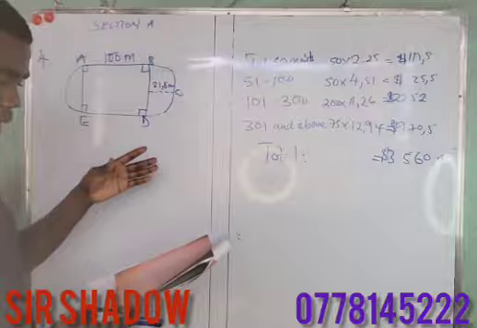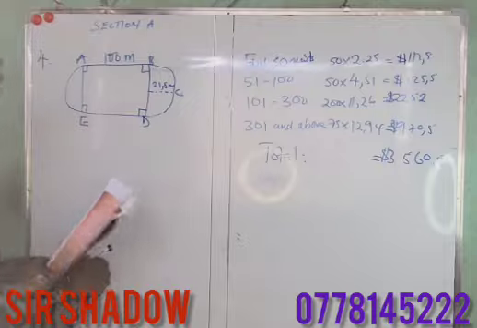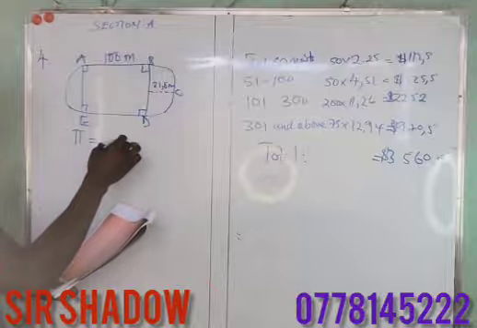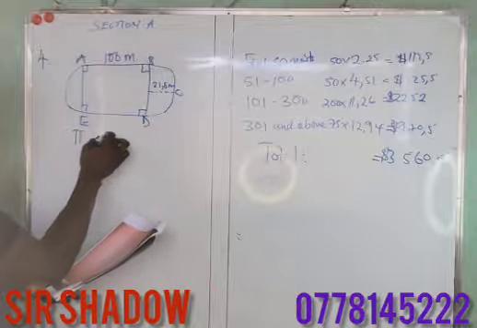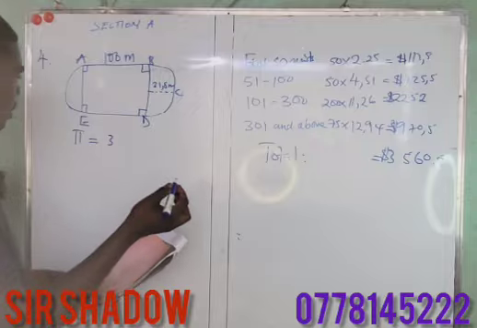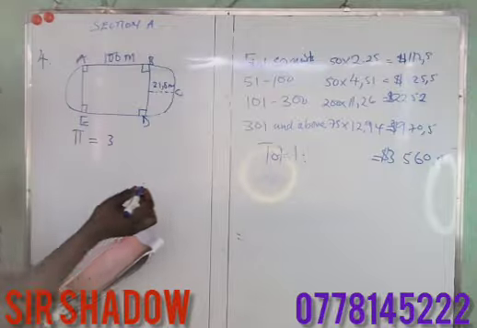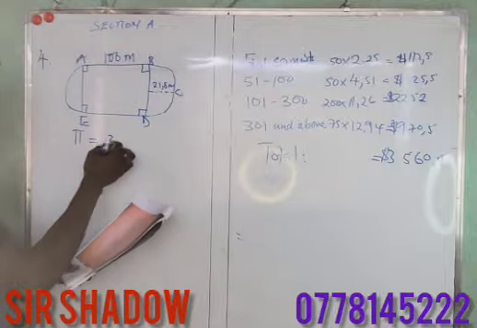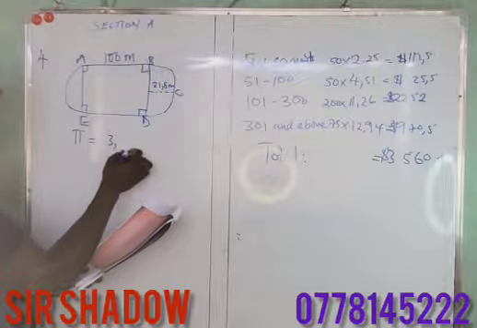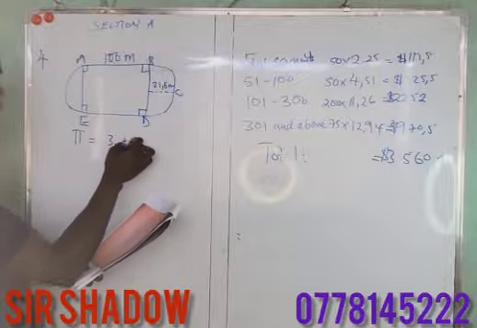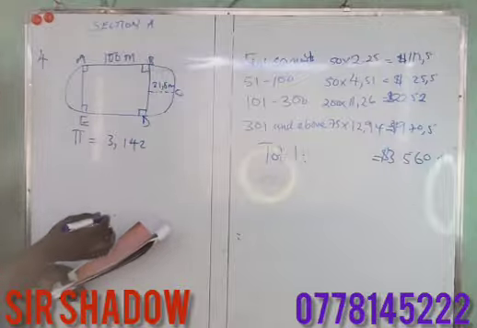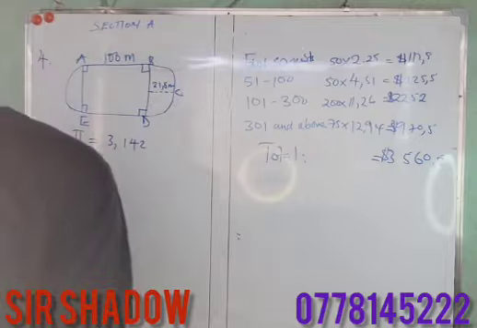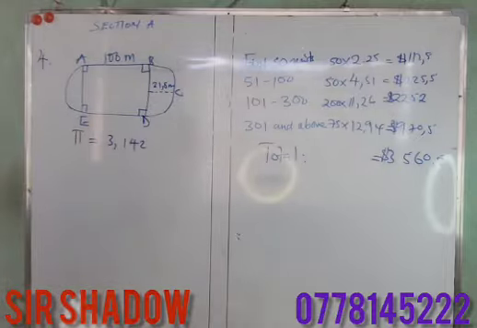In this question, we ask you to take pi to be 3.142, instead of using 22/7. It is the same as 22/7, but this one is expressed as decimals, right?